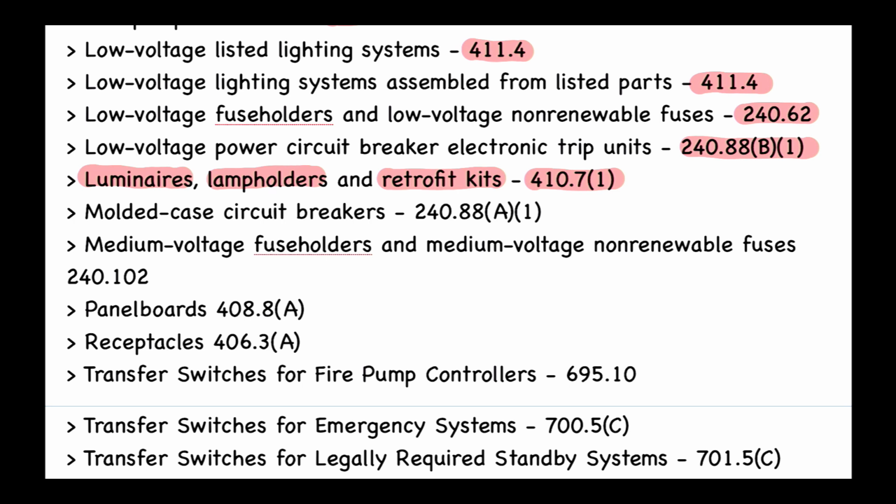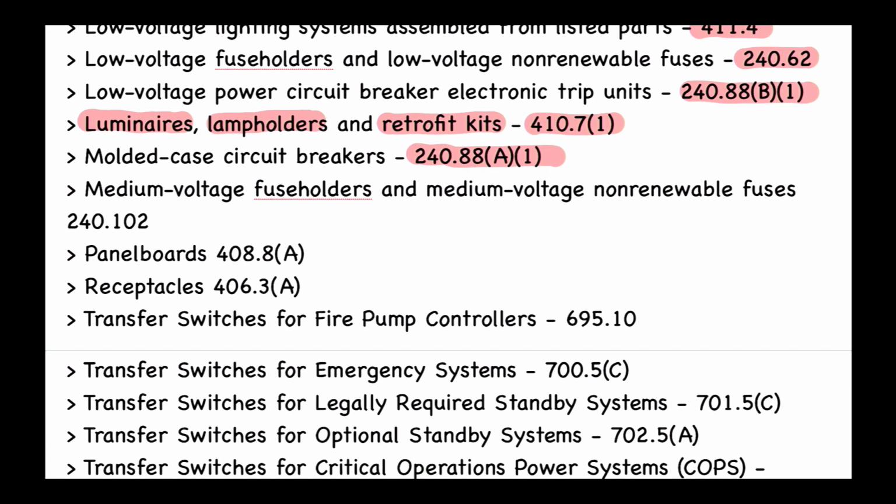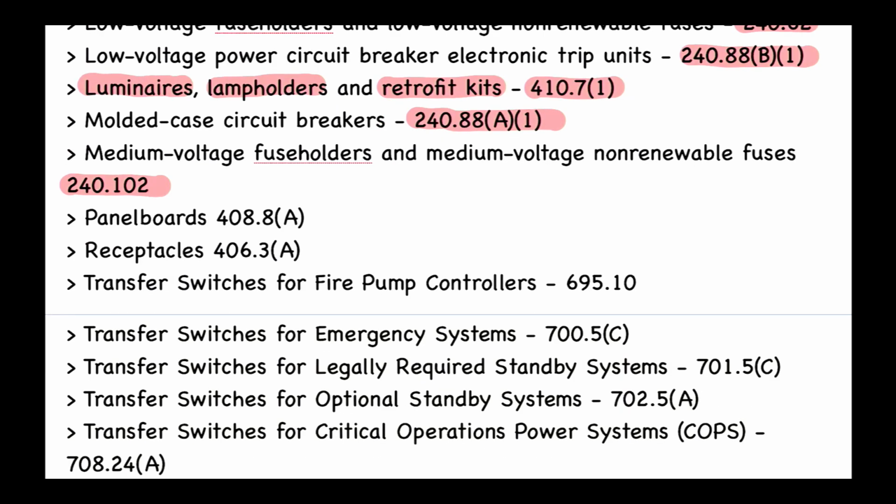The next on the list that I found was molded case circuit breakers, and that's 240.88(A)(1). Next, medium voltage fuse holders and medium voltage non-renewable fuses, 240.102. Panelboards, 408.8(A).